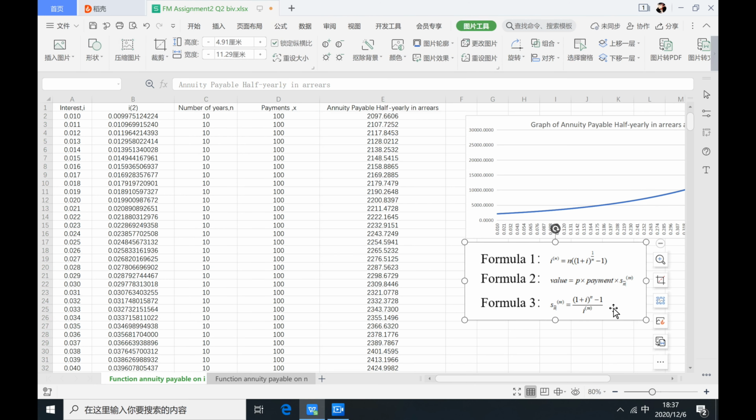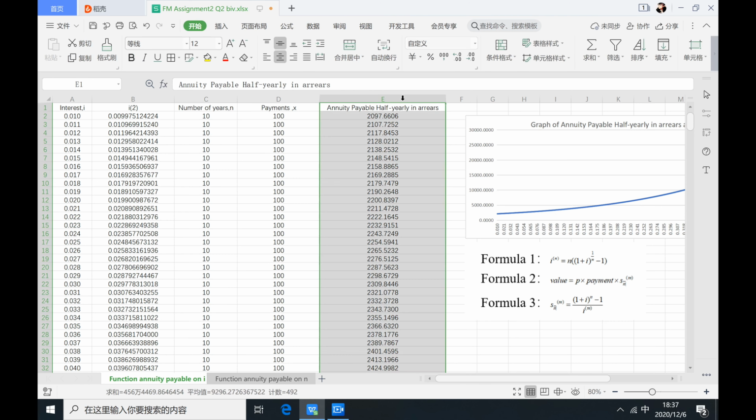Formula 3 can be used to calculate the final value of the arrears annuity when the capital paid in each period is 1. Then use Formula 2 to calculate the final value of the annuity for a period of 10 years if 100 is paid in each period. The results for different interest rates are shown in annuity payable half yearly in arrears.